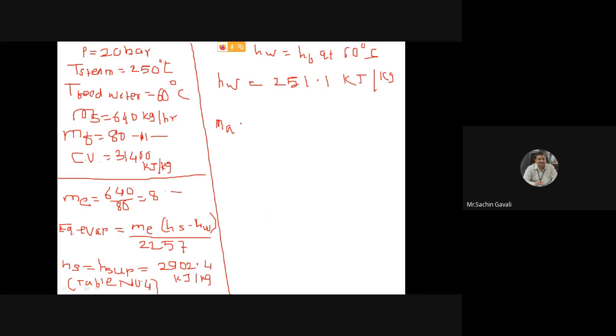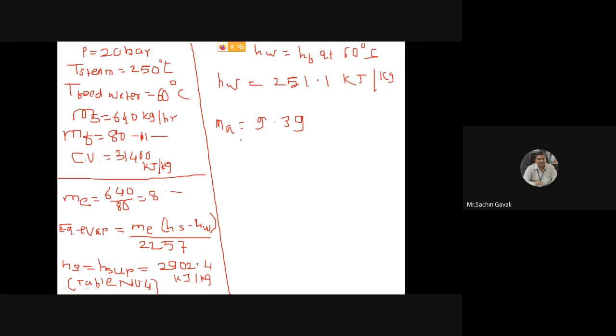We got equivalent evaporation MA equal to 9.39 kg of steam divided by kg of fuel.